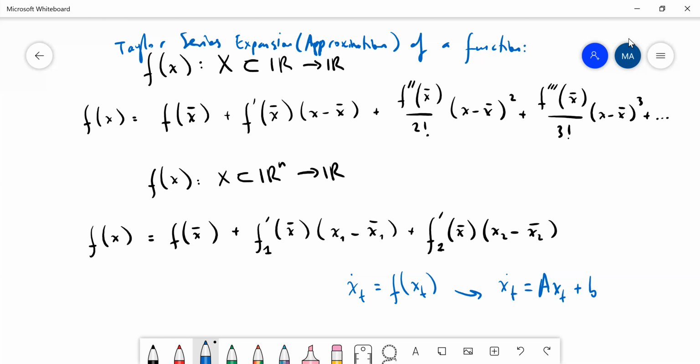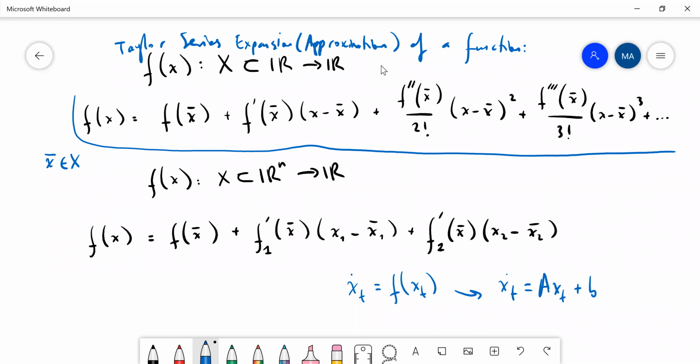To do the approximation, we choose a particular value from the domain. We choose a particular x bar within x, and then this is the general formula of Taylor series approximation, right? You might remember that.